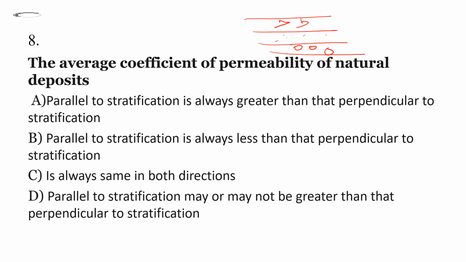These are different layers of soil, and the water is flowing in this direction, which is parallel to the stratification. You will get a coefficient of permeability, which is known as Ks.